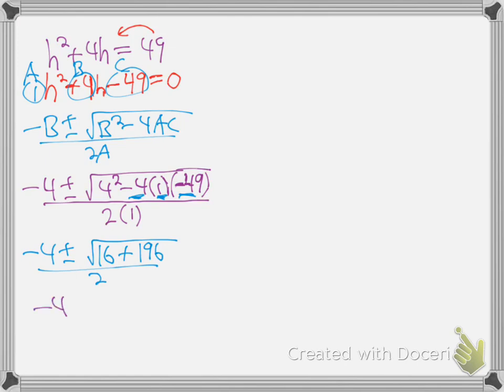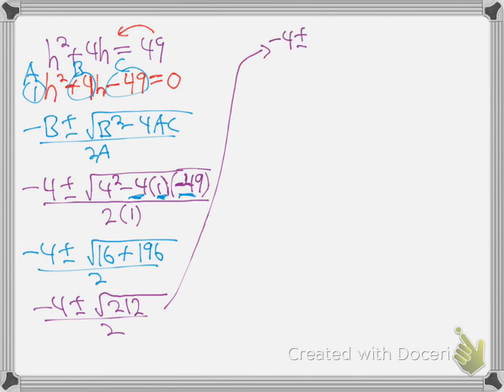So that's negative 4 plus or minus the square root of 212 all over 2. Got to break down that 212. You can hit the square root button. I don't think it's clean, so got to break it down. That's 2 times 106. That's 2 times 53. I think that's as far as we're going to go.